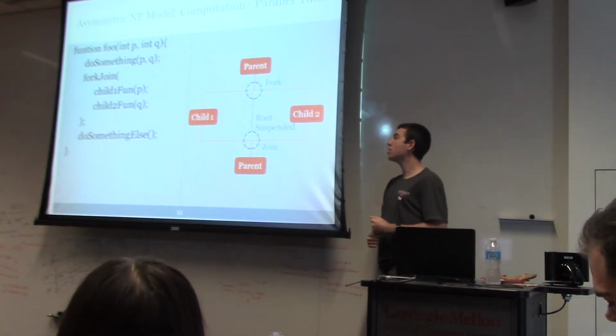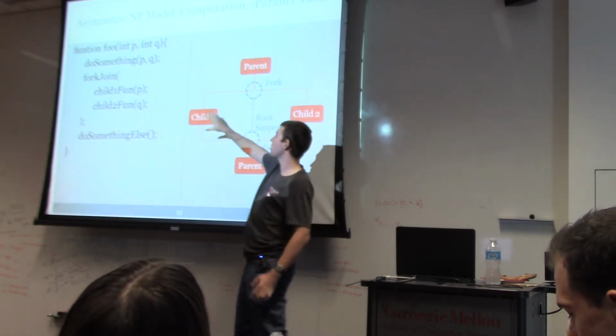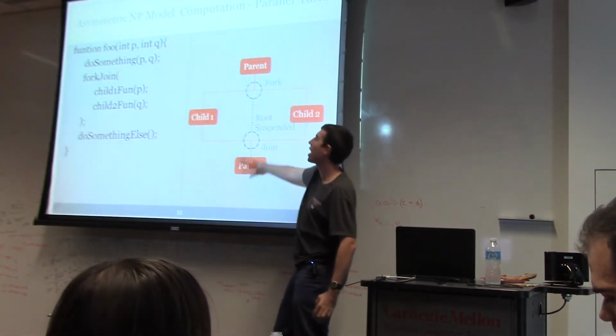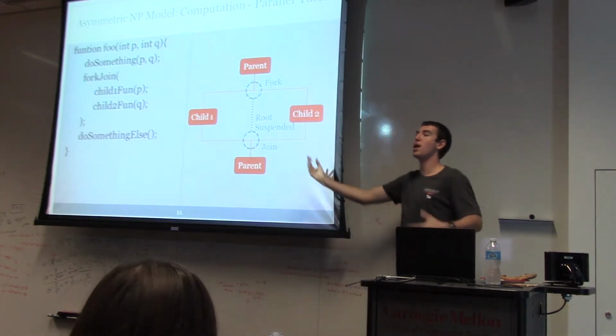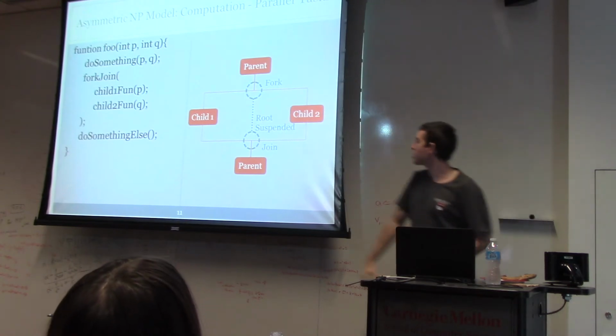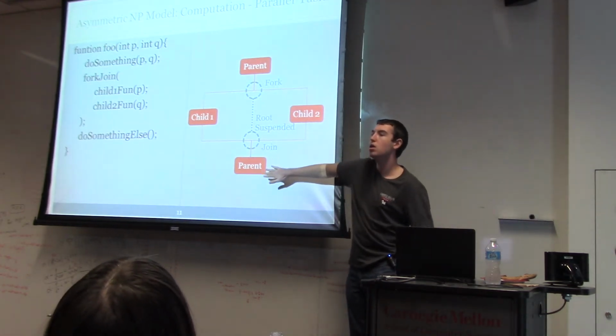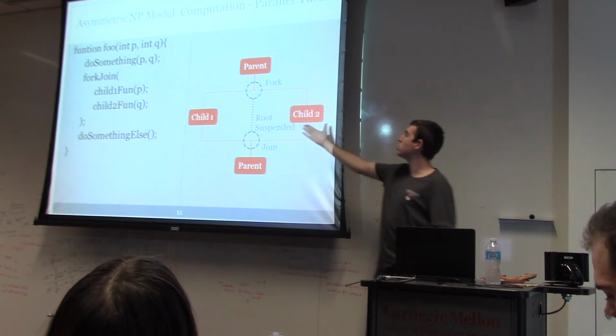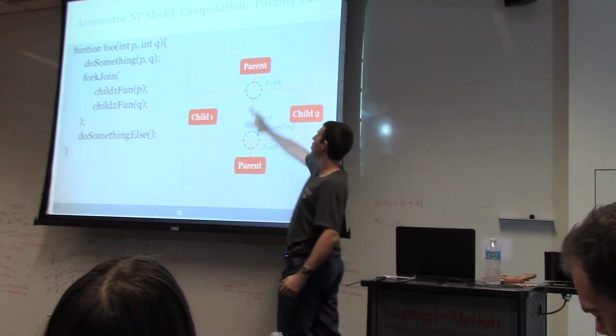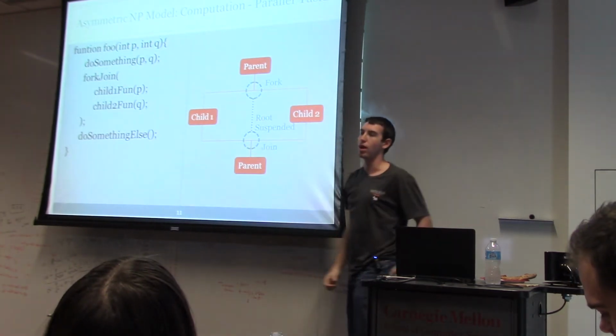And then once those 2 child nodes have finished their work, they combine back into the parent node. You can sort of think of this as parent prime. And while these 2 children are running, the parent node is sort of suspended in the background.